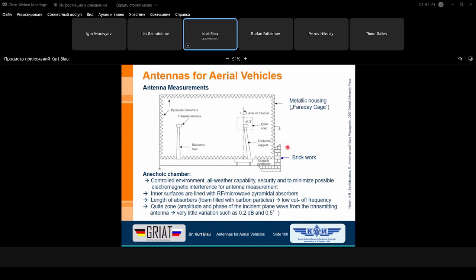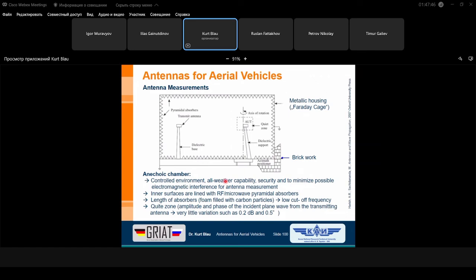Normally this is either a special measurement chamber as a separate building, realized for instance with bricks, or it's a room in a large building as an anechoic chamber.